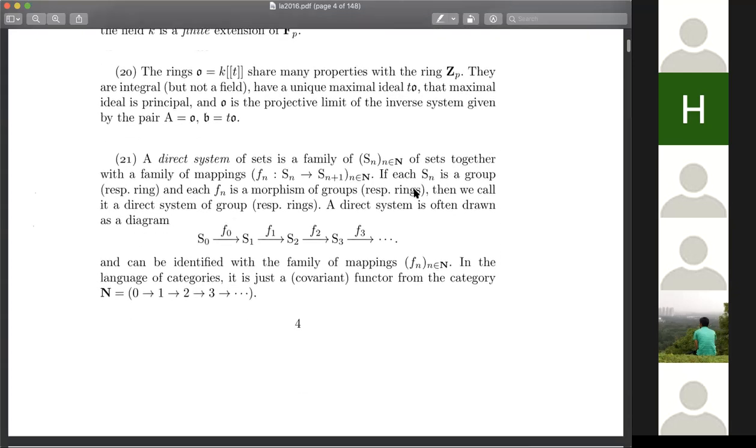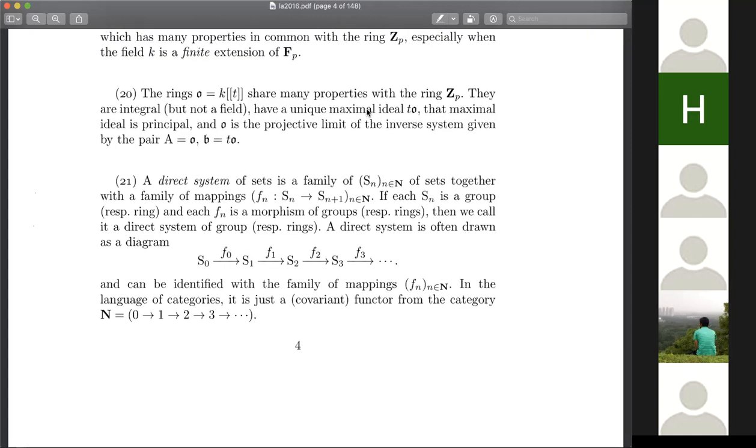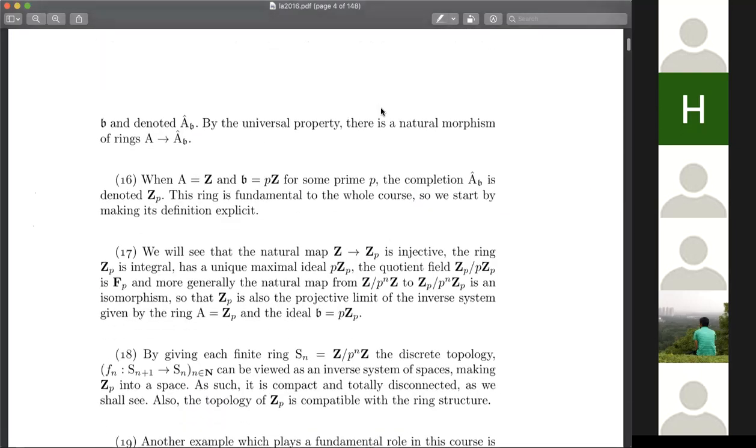Okay, here comes the example that maybe you'll find somewhat simpler. You take a commutative ring K and take the polynomial ring in one variable T over that commutative ring K. Now, I can form an inverse system out of this polynomial ring by taking S0.